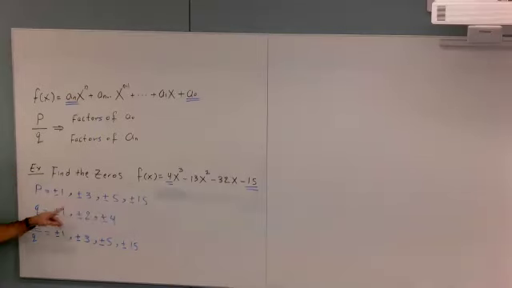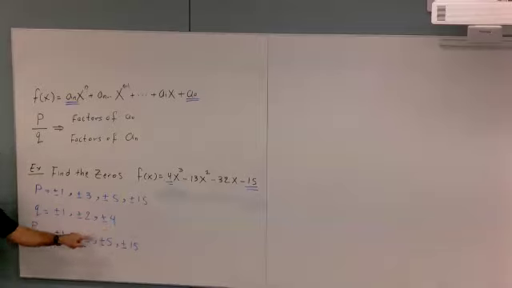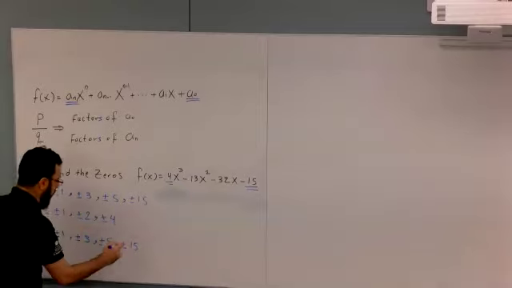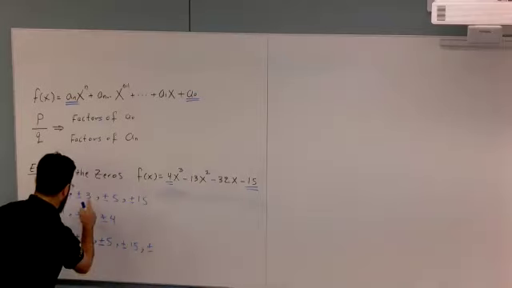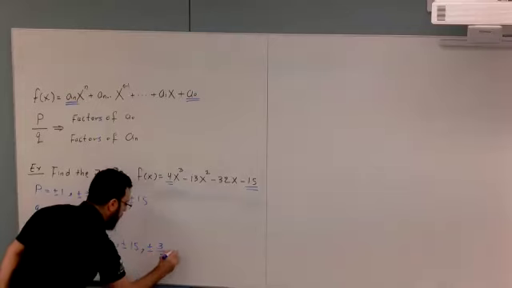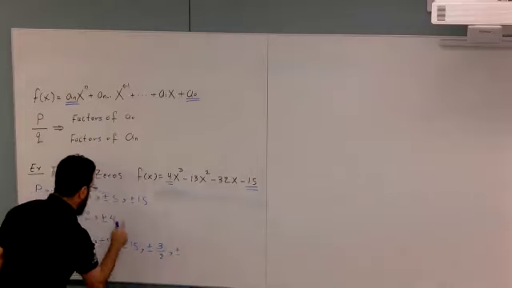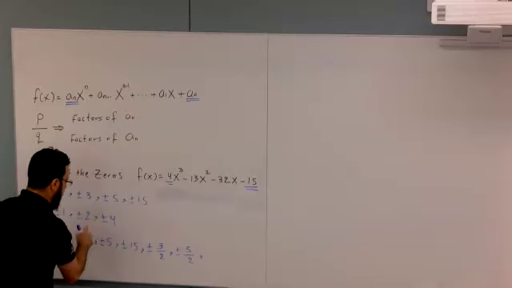Then divide all these numbers by 2. We have to write down all these. So it's going to be plus or minus 3 divided by 2, plus or minus 5 divided by 2, plus or minus 15 divided by 2.